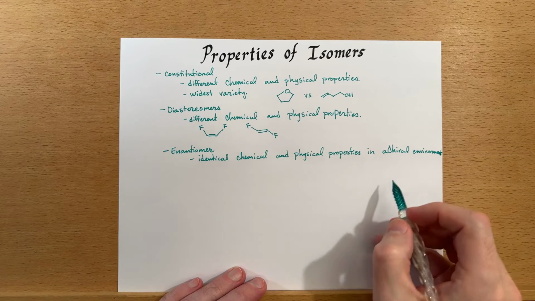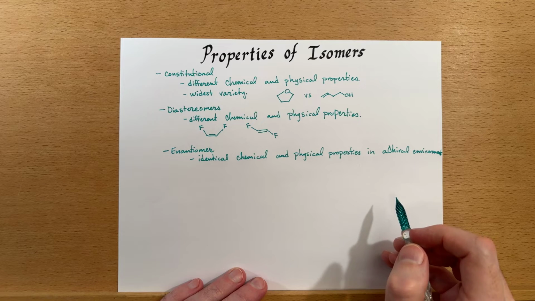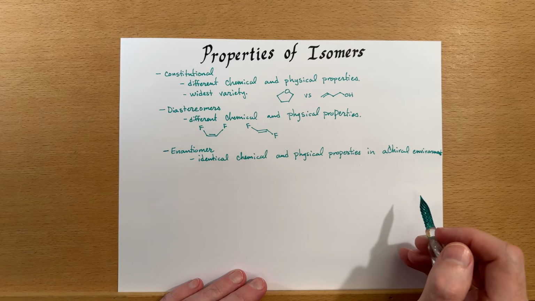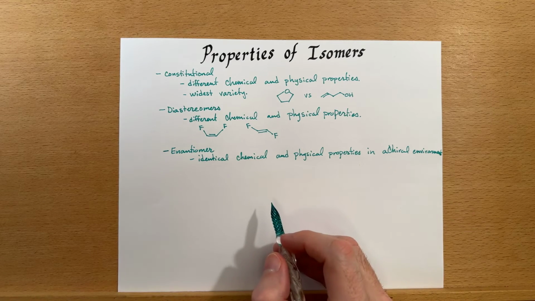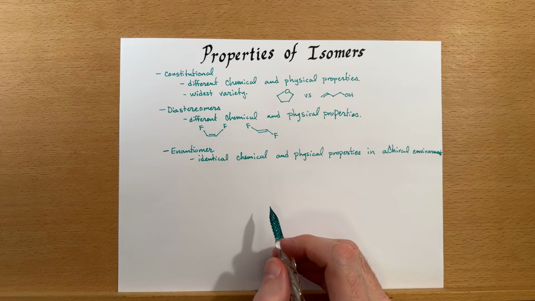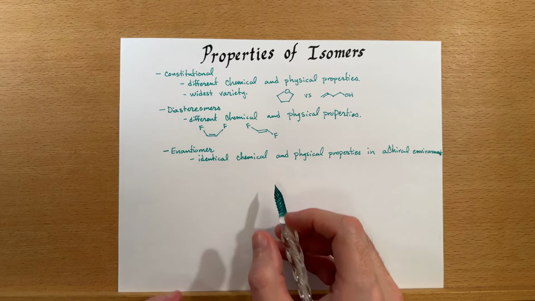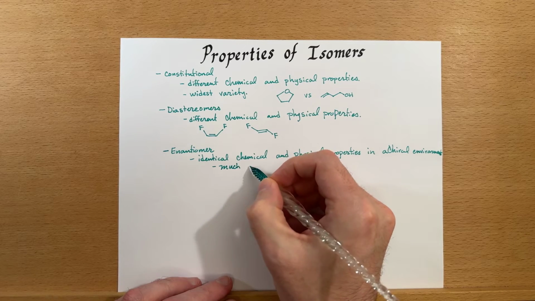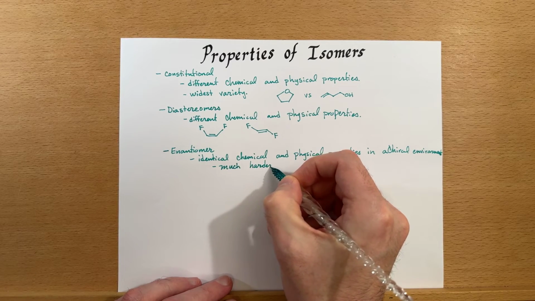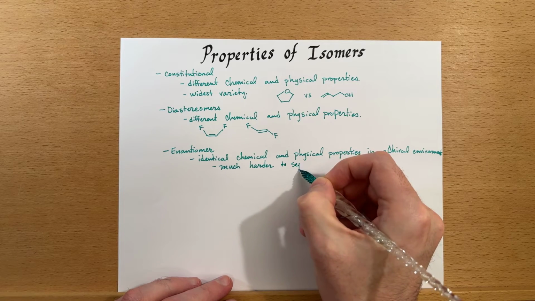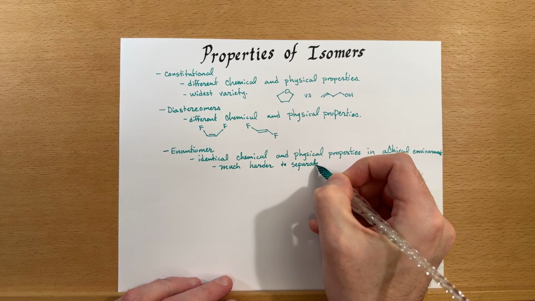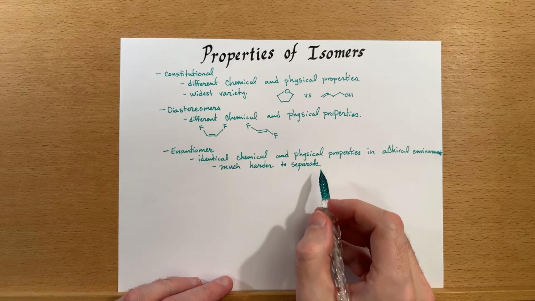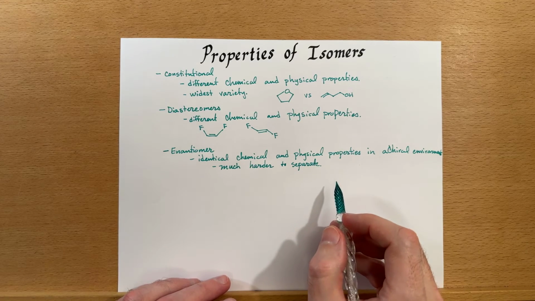Now, most of the time, we're operating in an achiral environment. So that makes enantiomers much harder to separate, or isolate, or purify.